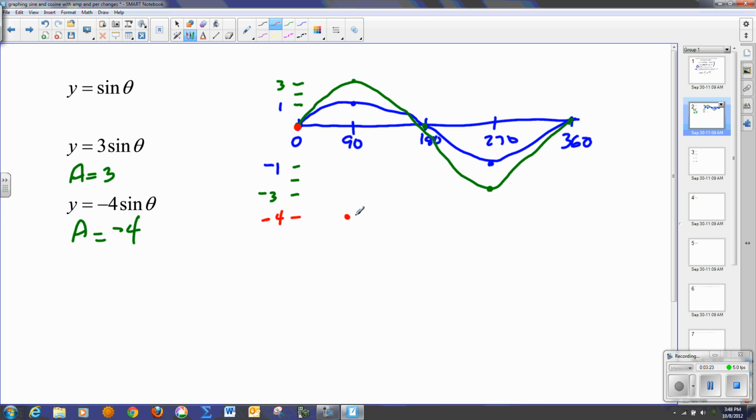Put this down here. 0 is 0. -1 times -4 is +4, so this is going to go all the way up here. And 0 times -4 is 0. Graphing once again. I see the y's have all been multiplied by a negative, which means this reflects over the x-axis. And those are my 3 different shapes. All reflect a multiplication of the y value by a certain number. Let's move on to the next example.